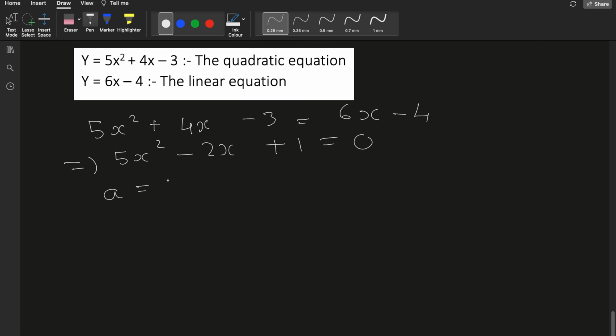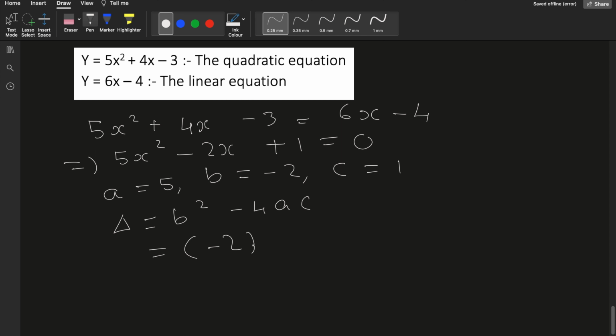Over here, a equals 5, b equals minus 2, and c equals 1. Therefore, the discriminant, or delta, is b squared minus 4ac. This equals minus 2 whole squared minus 4 into 5 into 1, which is 4 minus 20. This equals minus 16.